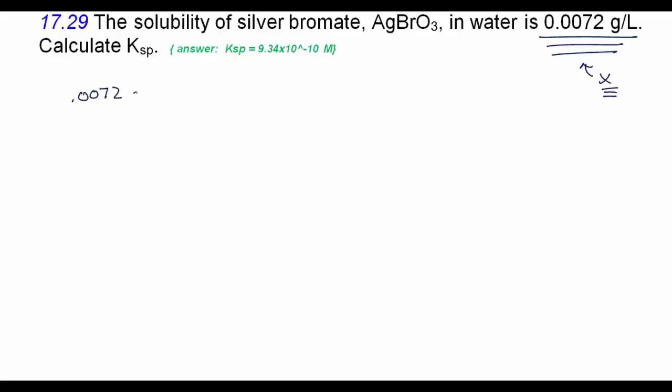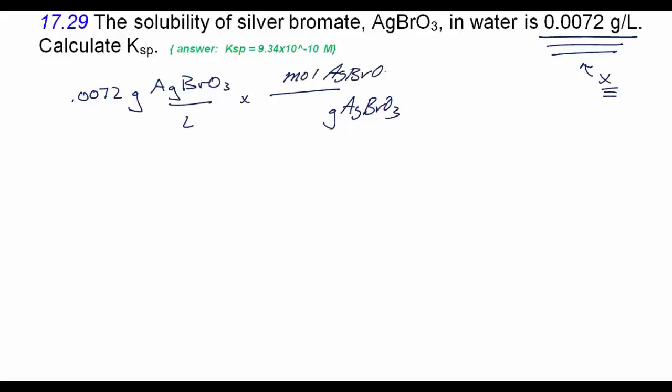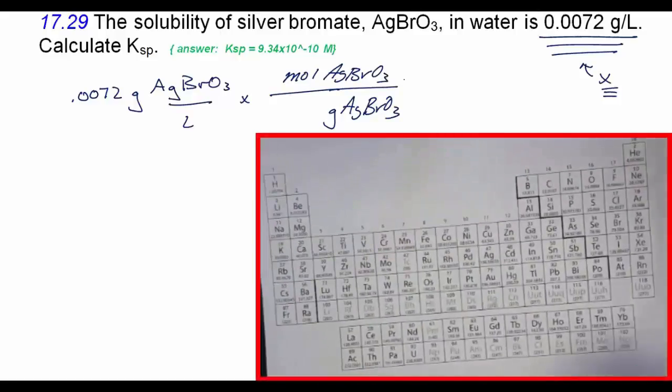0.0072 grams of silver bromate. So how many grams of silver bromate do I have in a mole?